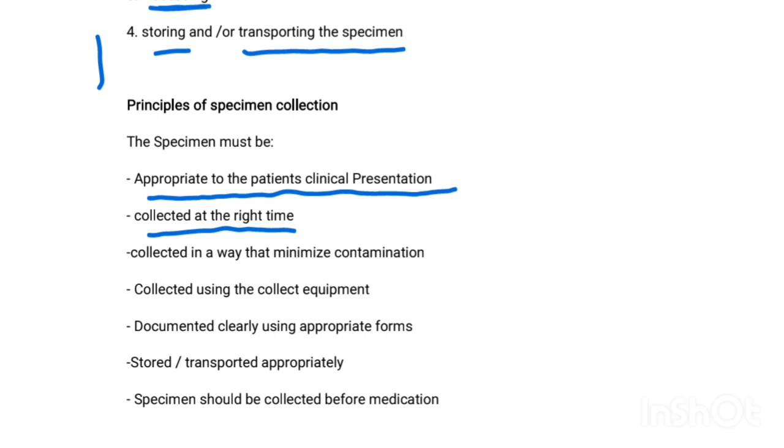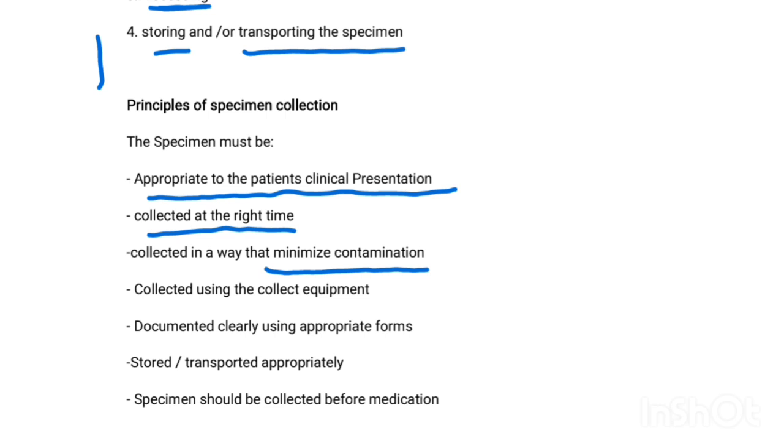Then the next point is collected in a way that minimizes contamination. For example, let's say we want to do the stool culturing.